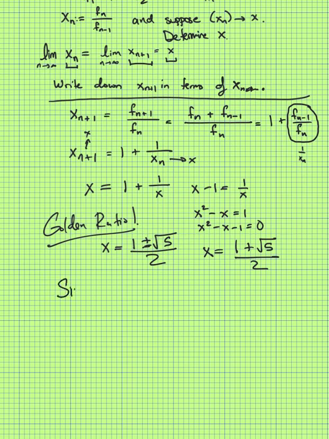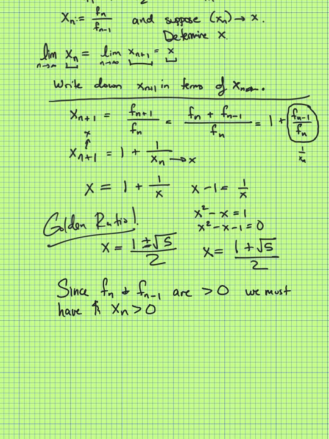So since F_n and F_{n-1} are positive, we must have that the x_n's are positive, since dividing positives by positives gives you a positive.